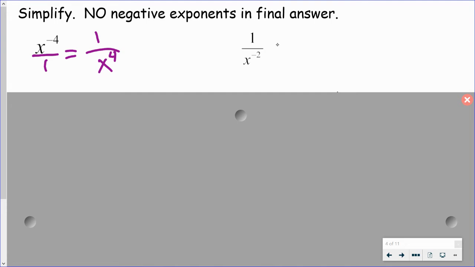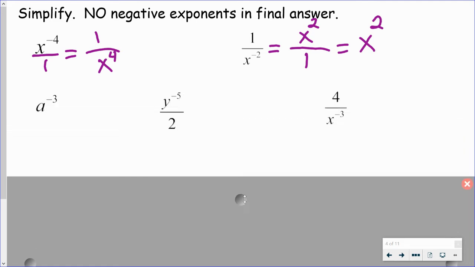Okay? Next, do you see I have an unhappy exponent? I move it. Now it's a happy exponent. I have a blank. But often we don't see a 1 on the bottom of a fraction. We know better. That's how you would probably write it to simplify it.